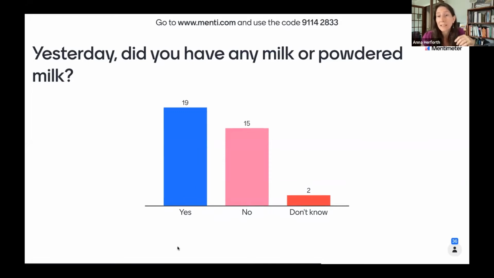So in the United States, I think we added the word dairy to this question, so dairy milk, so that it would be clear to people that we do mean dairy and not plant milks, because it's quite common in this setting for people to drink plant milks, whereas in other settings it's not common and people wouldn't even think of it. So we'll talk more about the adaptation, but great questions coming up. Keep them coming in the chat.